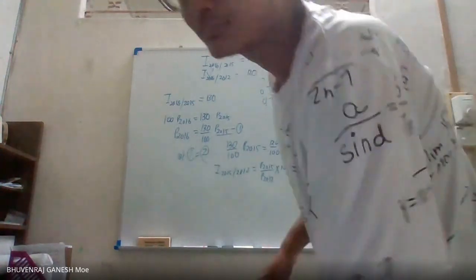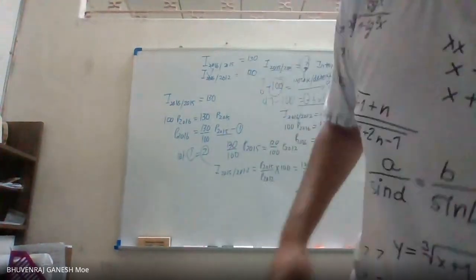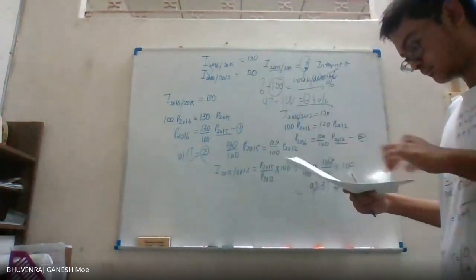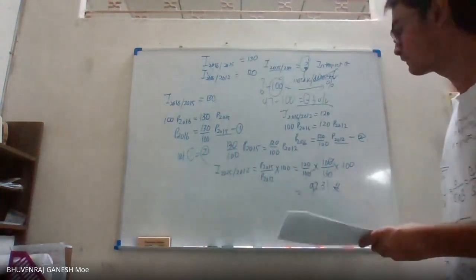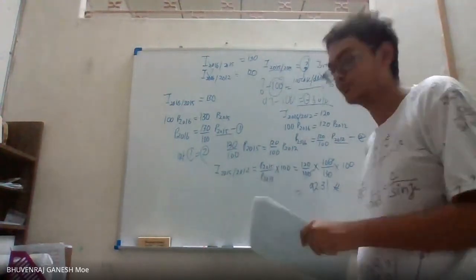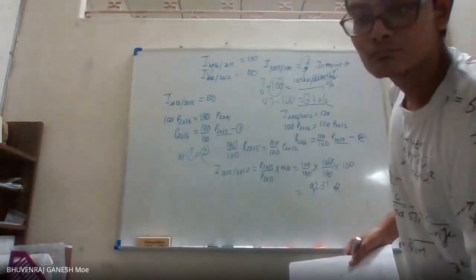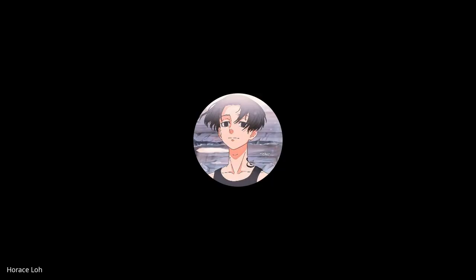Let me check. Yeah, so this answer. Then they say interpret. So what will be your answer, in a sentence form? Decrease 7%.